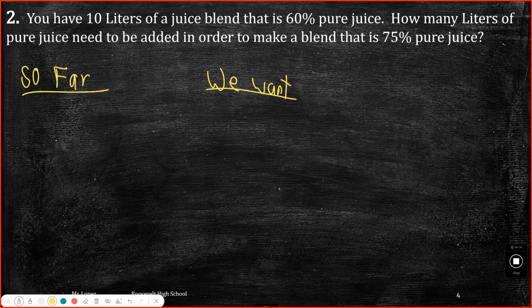The other one was the fraction of how many games were won over the total. What is this fraction going to be about? Pure juice over the total amount of juice. So what is the total amount of juice so far? 10 liters. Now, what goes on top? How much of the 10 liters is pure juice? 60%. What is 60% of 10?